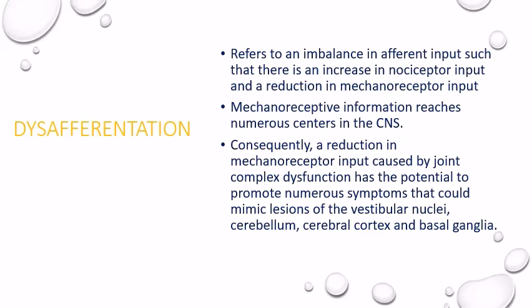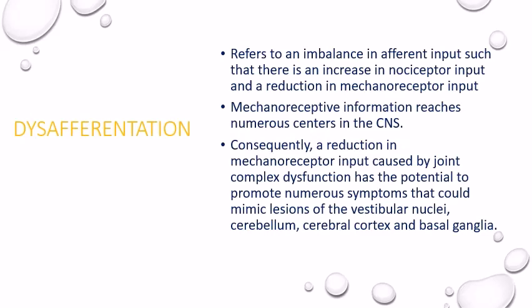So what happens if we have an imbalance in this mechanoreceptor input? That is known as disafferentation. This refers to an imbalance in afferent input such that there is an increase in nociceptor input and a reduction in mechanoreceptor input. So think of it like this. When we have an increase in mechanoreception input, we have a decrease in nociception input.